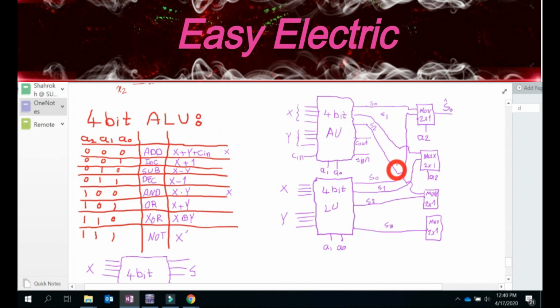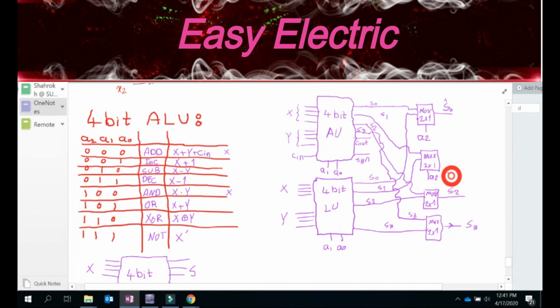To have these S3 here, just jump from this, jump from this, jump here, jump here, jump here, and connect to here. Okay, so this is S3. So this is S3 of the AU, and definitely the output should be the real S3, which is the ALU S3.